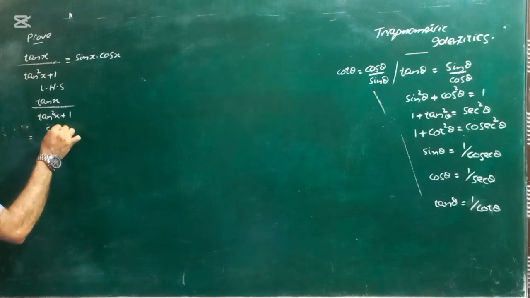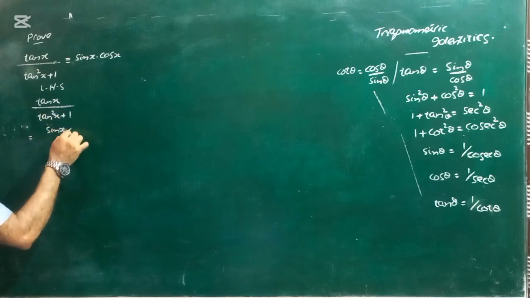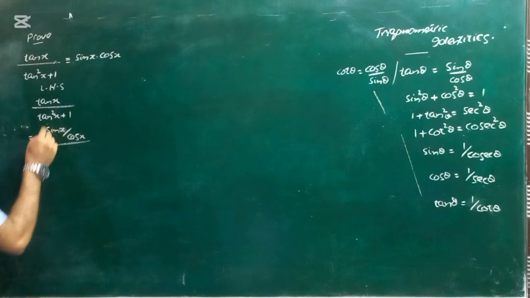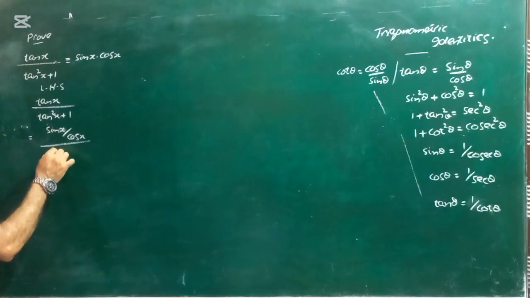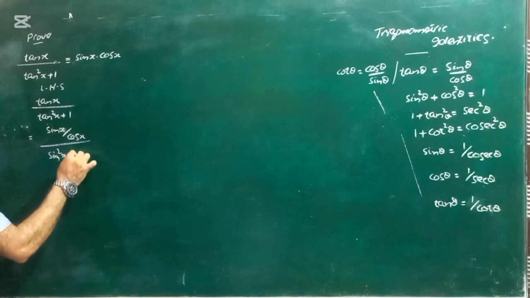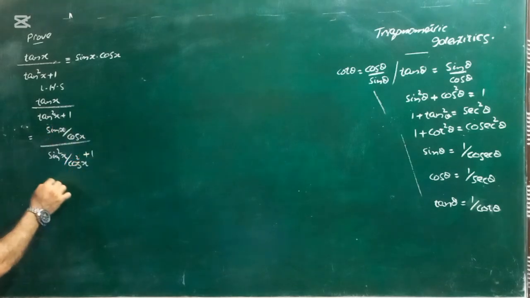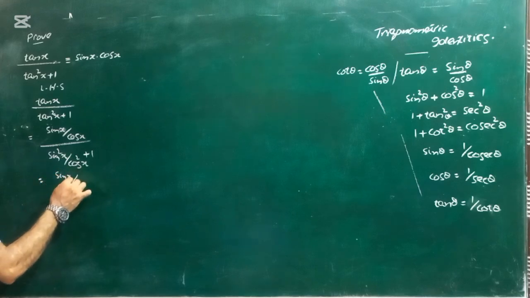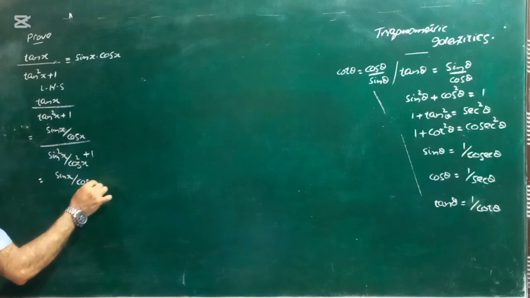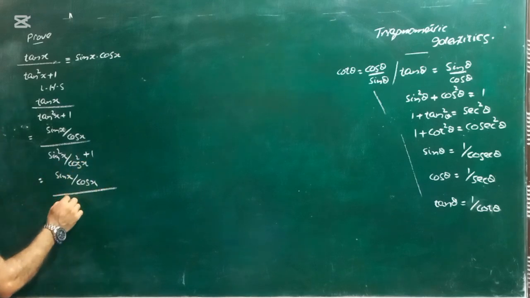So sine x over cos x, because x is there, and in the denominator tan square x will be equal to sine square x over cos square x, and this plus 1 will remain as it is. So in the numerator sine x over cos x, and in the denominator you have to take the LCM, so that will be equal to sine square plus cos square.